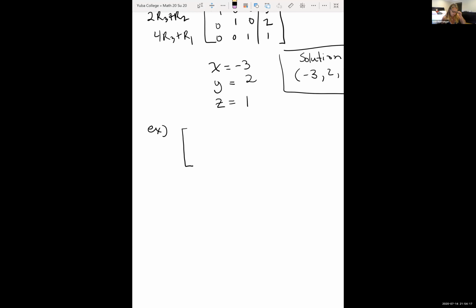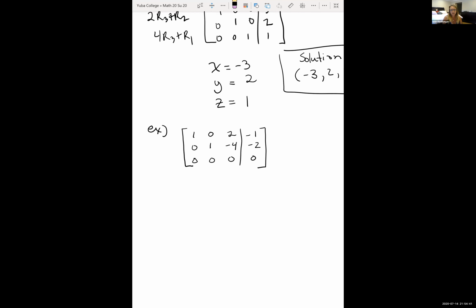So if you had the following, first row would be 1, 0, 2, and your vertical line, -1. The second row is 0, 1, -4, -2. And our third row is all zeros. So 0, 0, 0, 0.